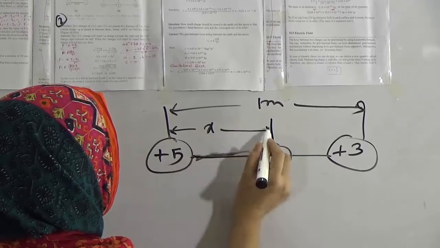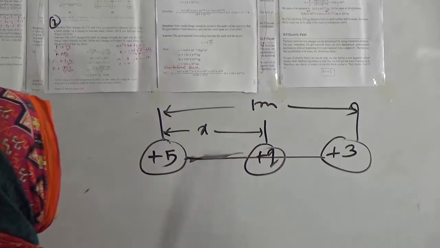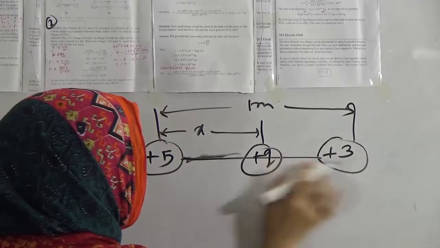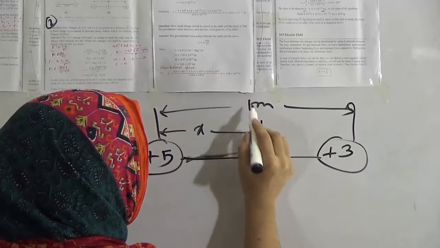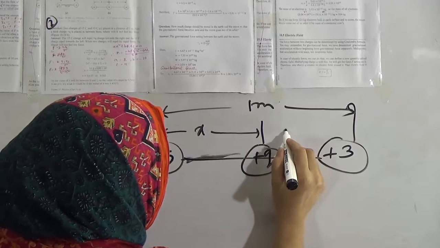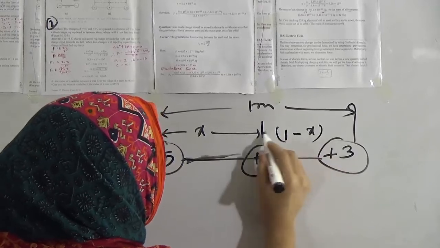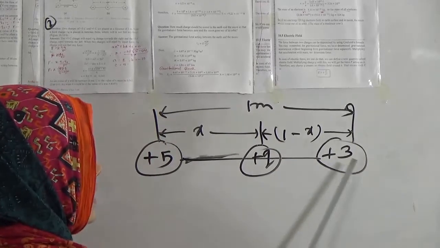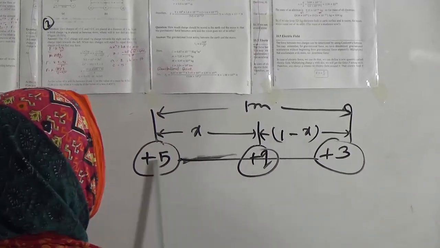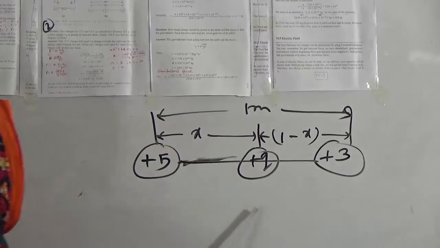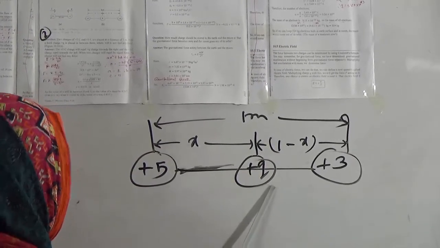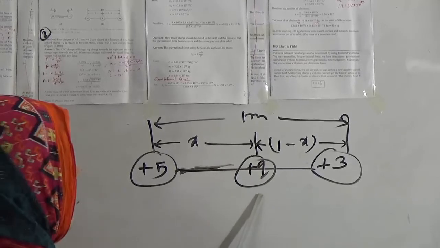Then the distance between plus Q and plus 3 charge will be 1 minus x. Now we have to find out at which distance the plus Q charge will not feel any force.